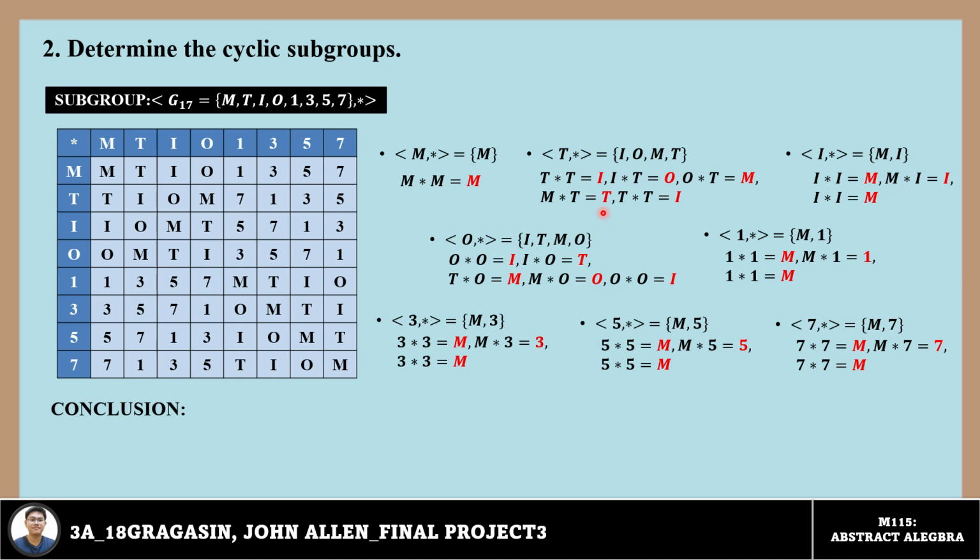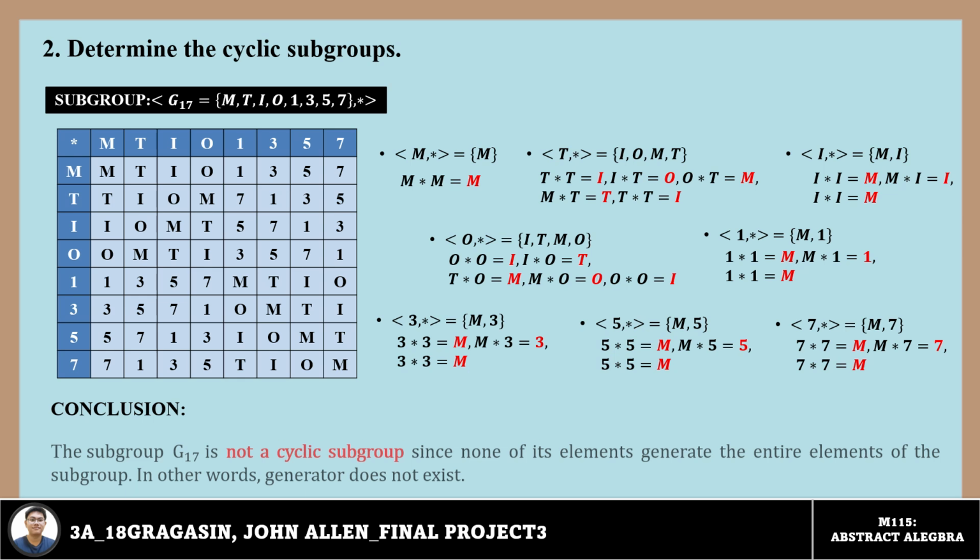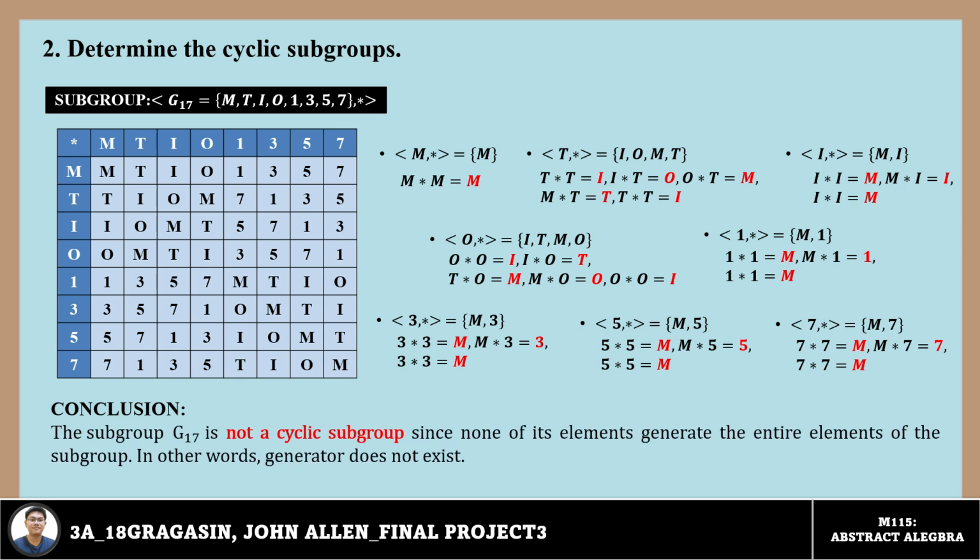It is the same as element T, element I, element O, element 1, element 3, element 5, and 7. They don't generate the entire elements in G sub 17. And then since a generator doesn't exist, we can conclude that the subgroup G sub 17 is not a cyclic subgroup.